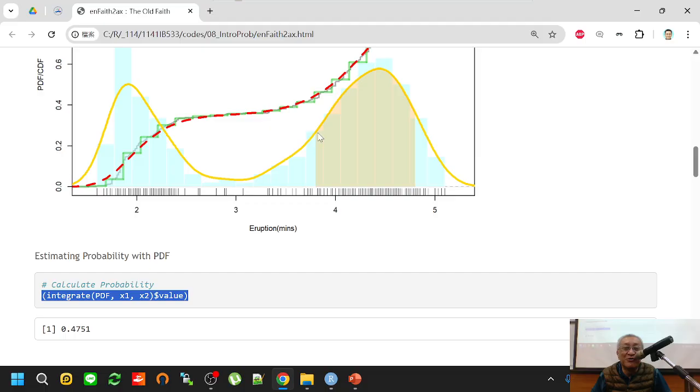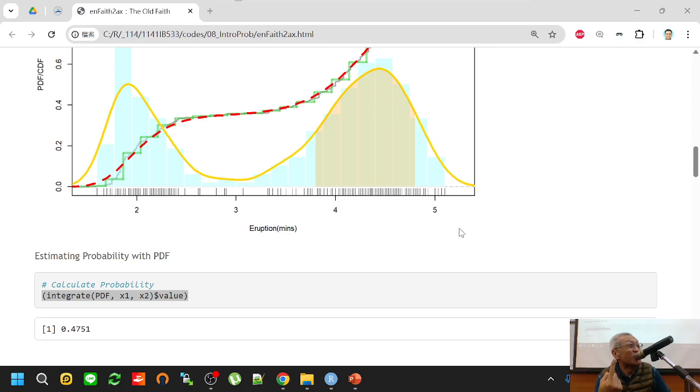You need to calculate the area under the curve. That is the probability, okay? The area under the curve from the left tail to the right tail would add up to 1. If you do an integration from the left tail to the right tail, the area actually sums up to 1, right?